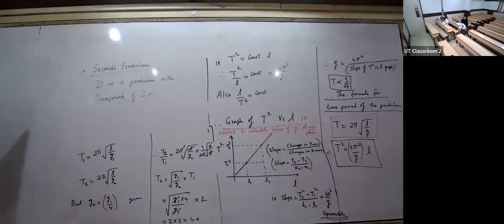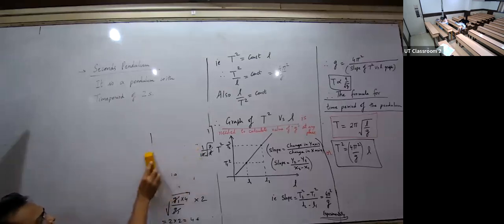Next, find the length of a seconds pendulum at a place where G is equal to 10 meter per second square, and pi you have to take as 3.14. So this is simple. You have to find the length. So which formula will you use?